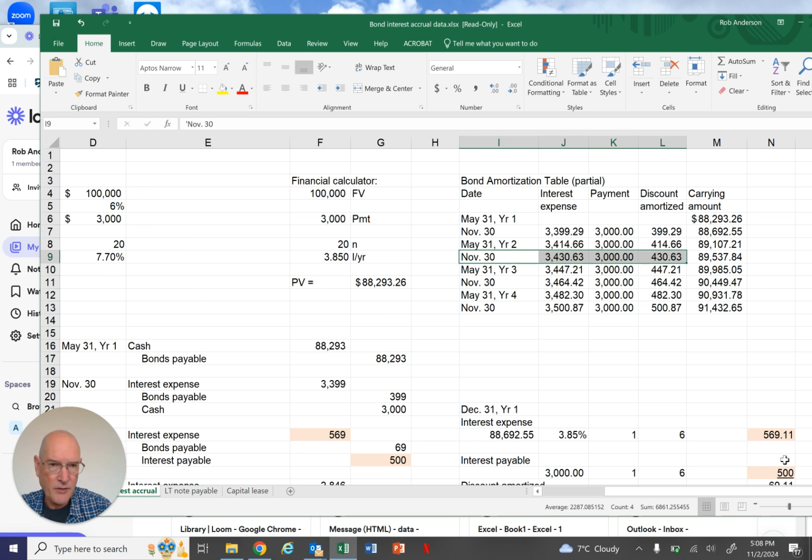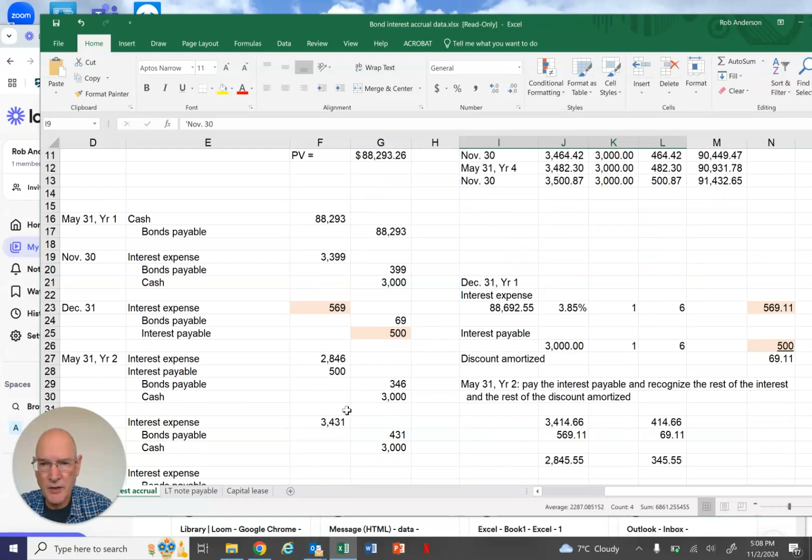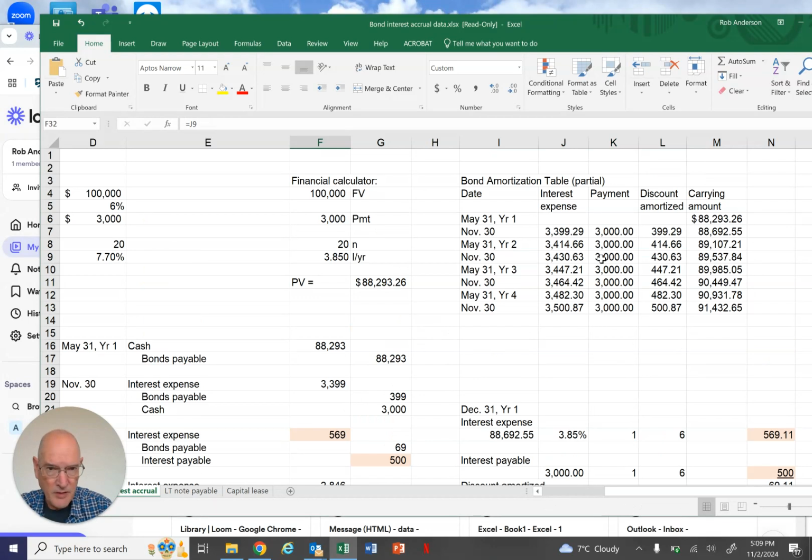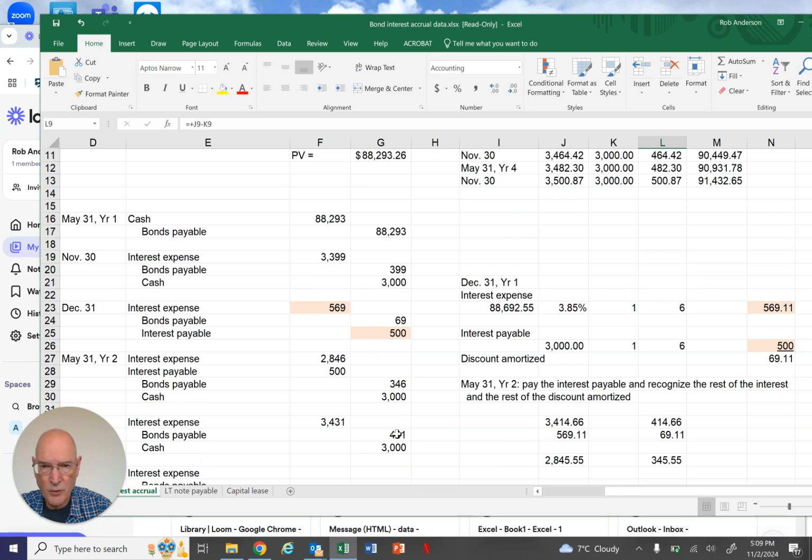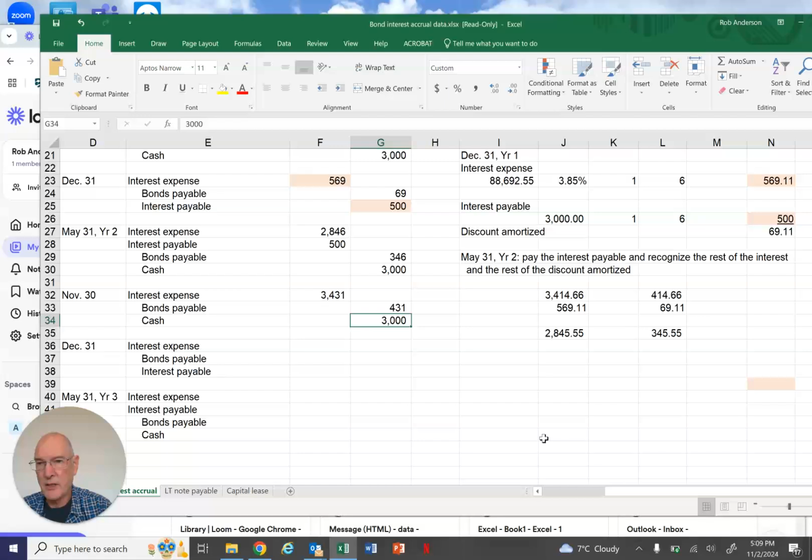And if I can just get this line to show, $3,431 in interest and $431 credit to bonds payable, and pay your $3,000, right? So you can see that the November entry is standard every time.